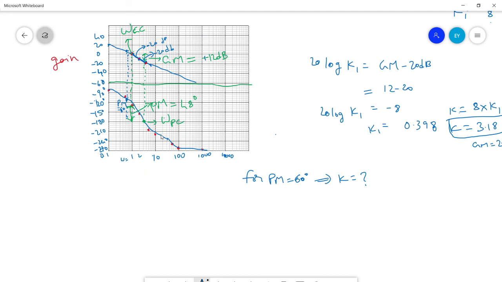If you draw a perpendicular from here, this shift would be an extra 4 dB. I'll just rewrite it clearly.